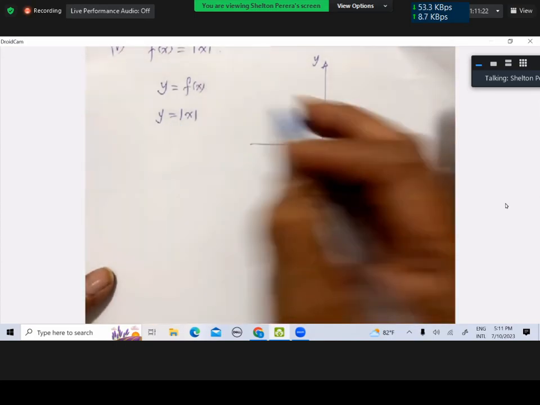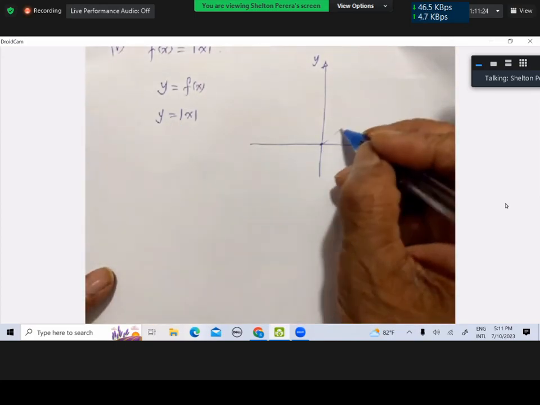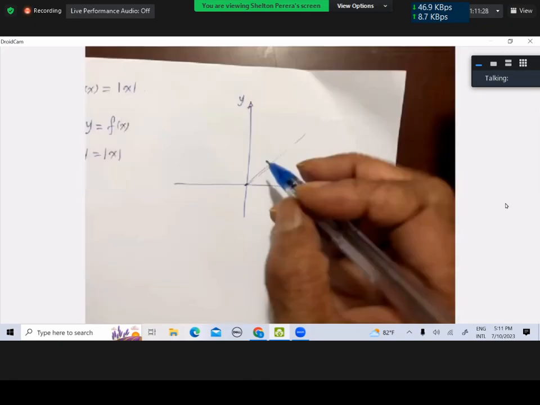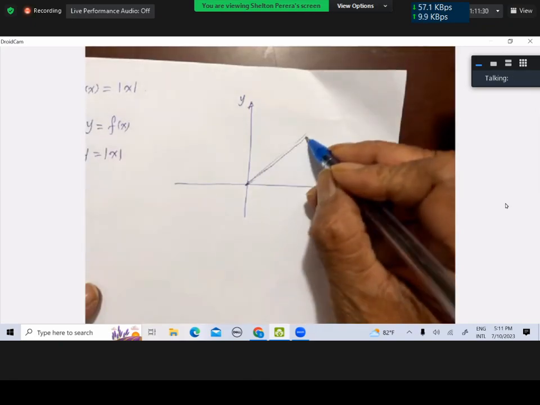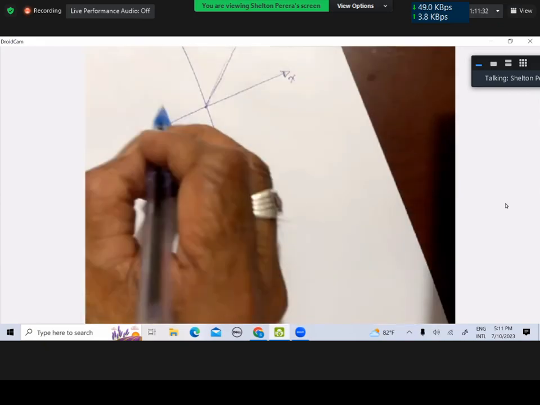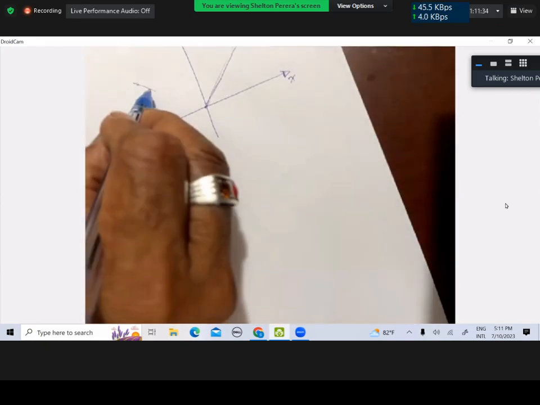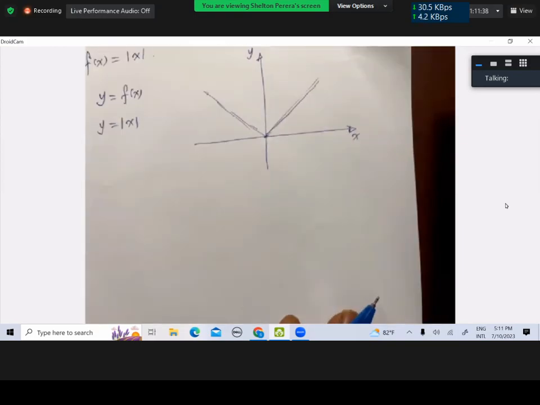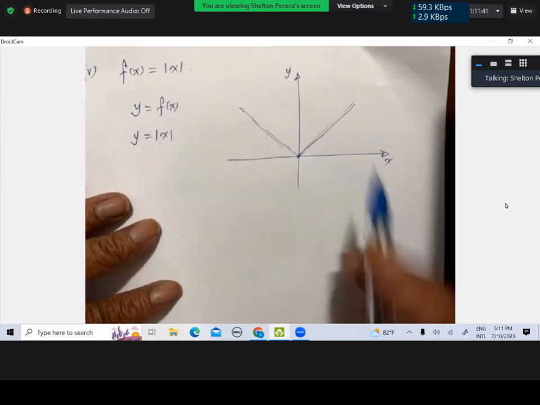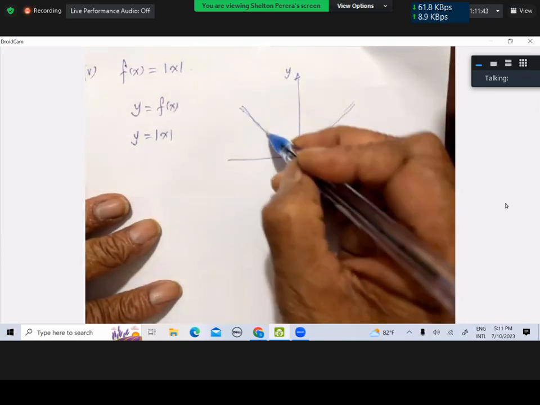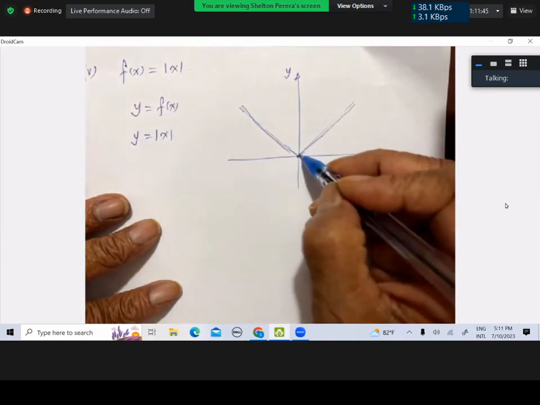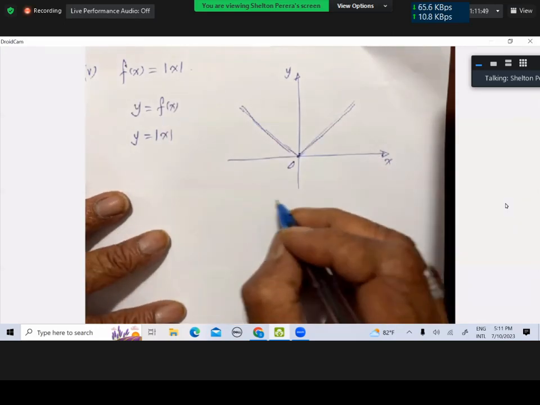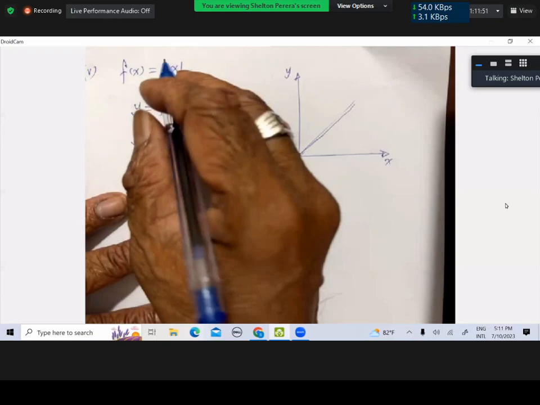Goes through 0, y equals x for x positive. And then y equals minus x for x negative. This is the graph of f of x equals absolute value x.